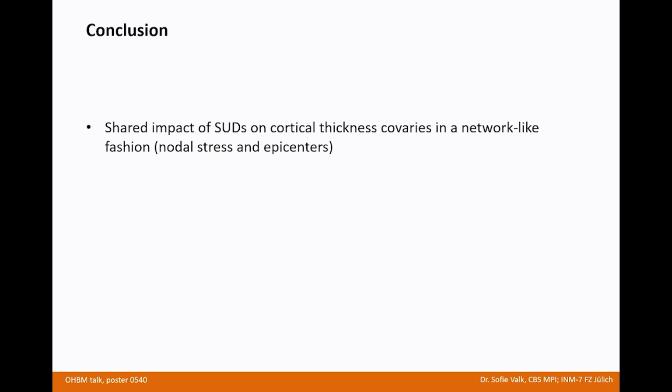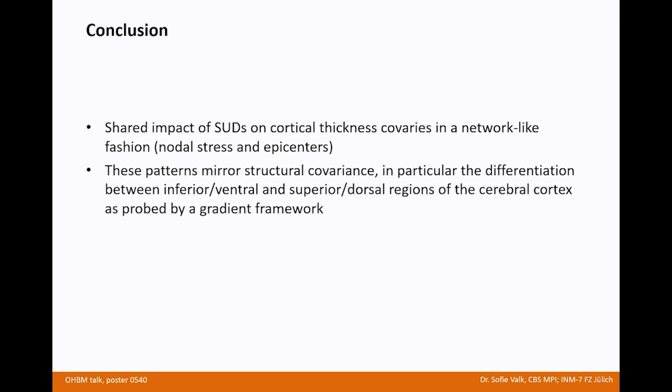So the conclusion is that the shared impact of substance use disorders on cortical thickness co-varies in a network-like fashion, related to both nodal stress and epicenters. These patterns mirror structural covariance, in particular the differentiation between inferior/ventral and superior/dorsal regions of the cerebral cortex, as probed by a gradient framework.